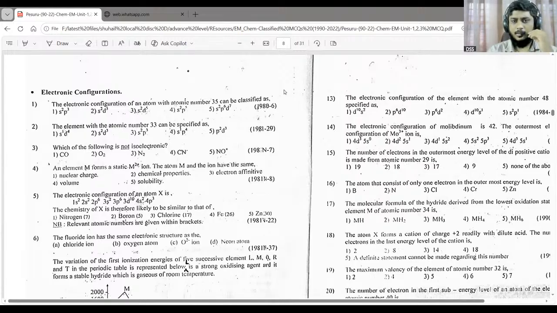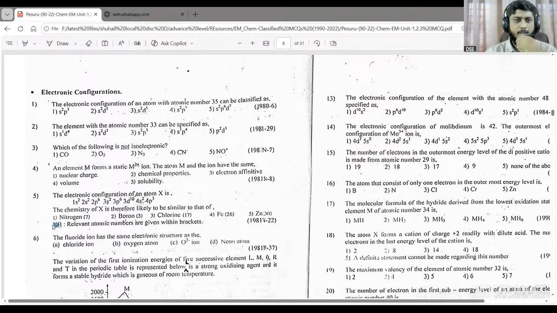So when it comes to electronic configuration, if we recall the things, there are mainly three rules related to this.